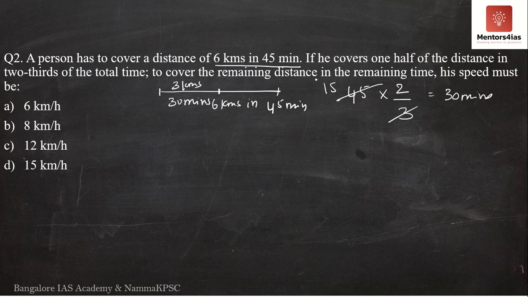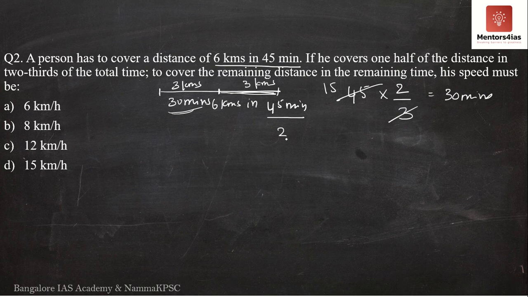To cover the remaining distance in the remaining time, his speed must be what? So what the question is asking for is the remaining distance. What is the remaining distance? 3 kilometers has already been covered out of 6 kilometers. So the remaining distance is also 3 kilometers. The total time available is 45 minutes, out of which 30 minutes has already been used to cover 3 kilometers.